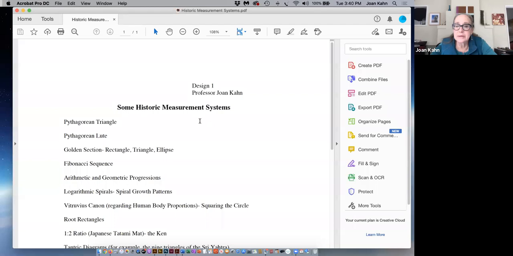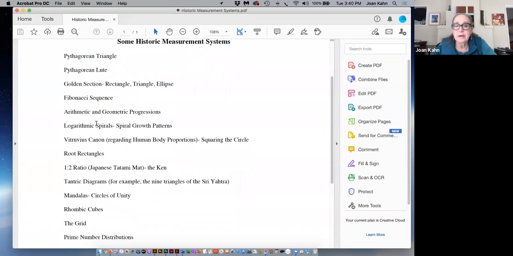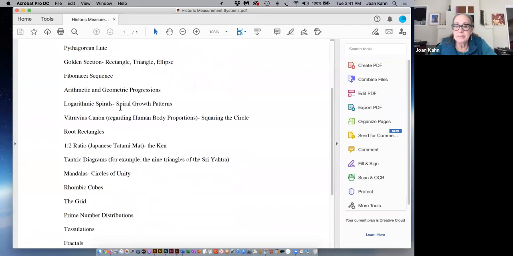I listed some historic measurement systems that you can choose from. The Pythagorean triangle, the Pythagorean lute, which is an interesting system, the golden section, the rectangle, the triangle, the ellipse, the golden rectangle, triangle, and ellipse, the Fibonacci sequence, arithmetic and geometric progressions, logarithmic spirals, and for example, the spiral growth pattern that is actually in these books.